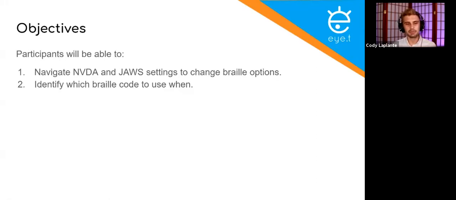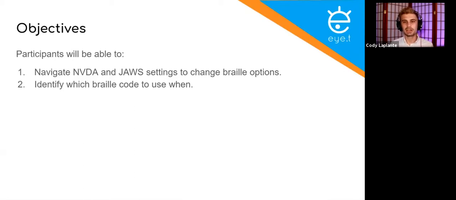Today, we're going to be doing two things. First, we're going to be talking about how to navigate the NVDA and the JAWS settings to change our Braille options. That's number one. That's the thing that we have to get through to get to the really exciting part. And the really exciting part is our second objective, which is to identify which Braille code to use when.